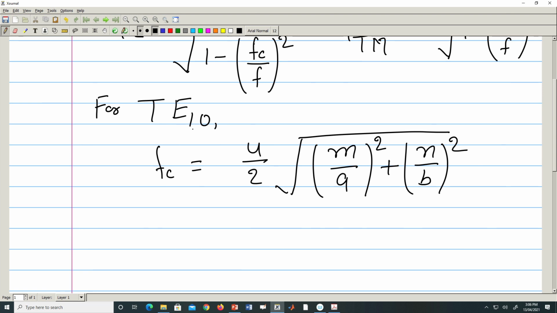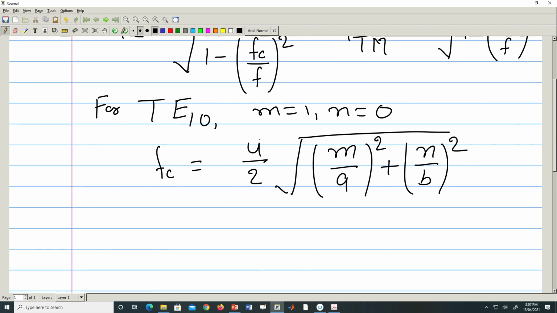Here one more unknown is u. Because this is an air-filled rectangular waveguide, u, the velocity in the air, is defined as 1 over the square root of mu epsilon.